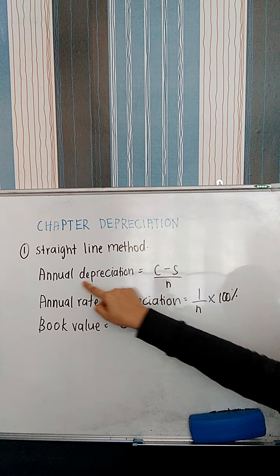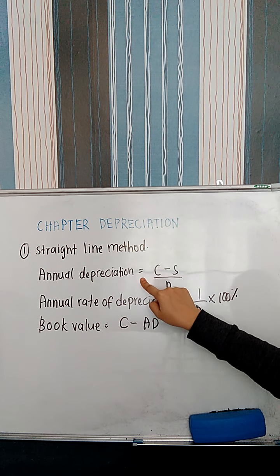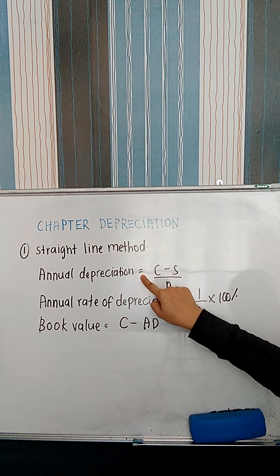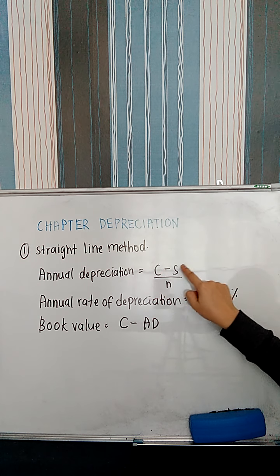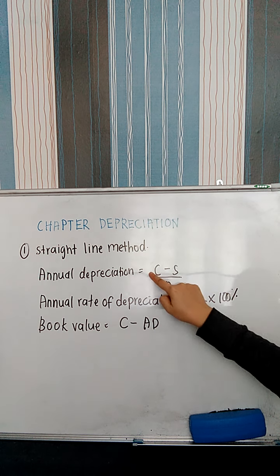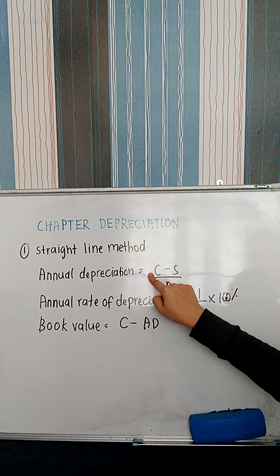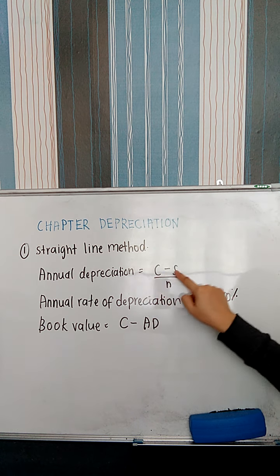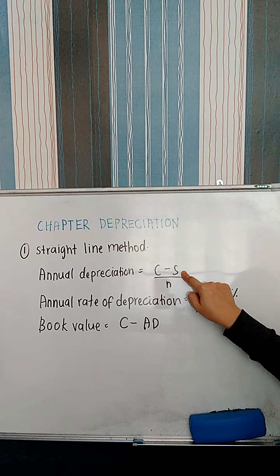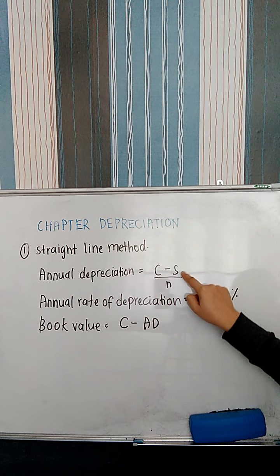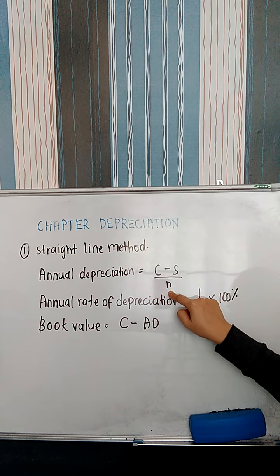For annual depreciation, how to calculate? Equal to C minus S over N. What is C? C is cost, original cost. Minus S. S is salvage value or scrap value or trade-in value. And then you must divide by N. What is N? N is useful life.